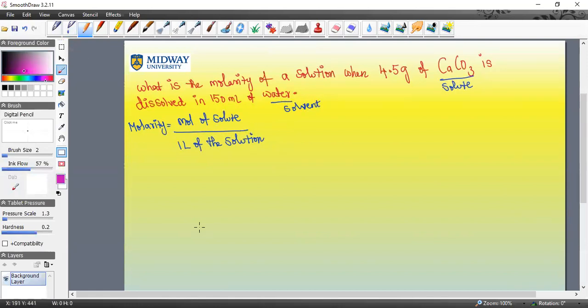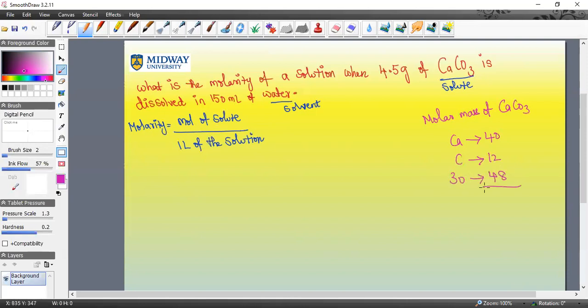How do we calculate that? Well, the first thing you have to do is figure out the molar mass of calcium carbonate. Calcium, I believe, is 40. I'm rounding; you can use the actual values from the periodic table. Carbon is 12 and 3 oxygen is 48.